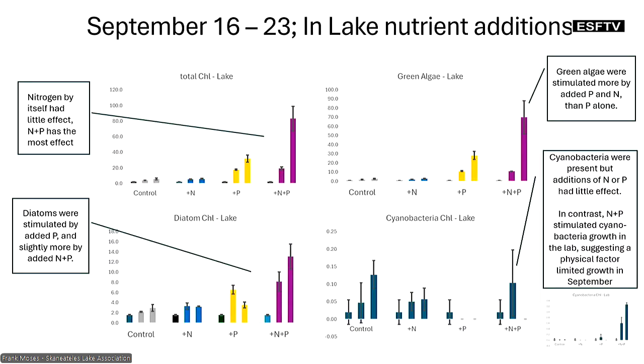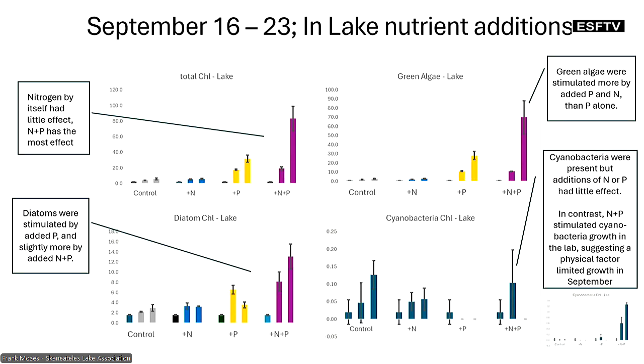If we move later into the lake, it becomes interesting again. Green algae are still co-limited. Diatoms have started to move into a co-limited situation. And the cyanobacteria at this point in time, they don't care about nutrient addition anymore, right? So whatever nutrients they need, adding more nutrients doesn't really change their growth pattern. And my original thought was, well, we're missing a nutrient.